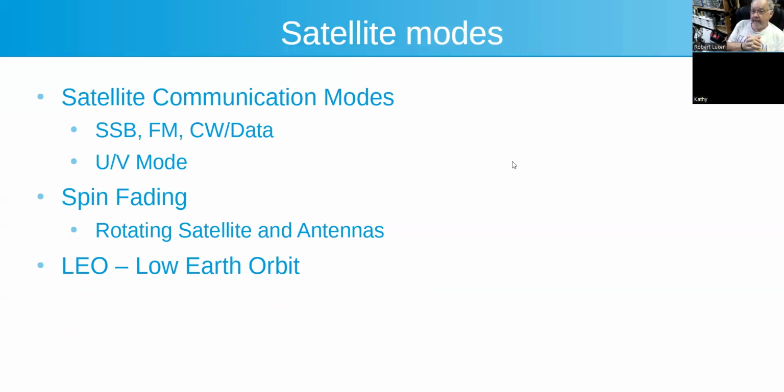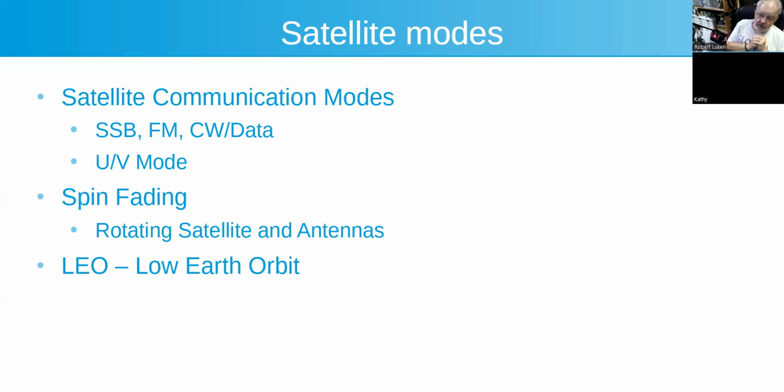When you're talking to a satellite, in most cases, they will support single sideband, FM, CW, and data. They will operate in what we call either a UV mode or a VU mode, which specifies the uplink downlink mode. So if it's in UV mode, it means it's receiving on UHF and transmitting on VHF.